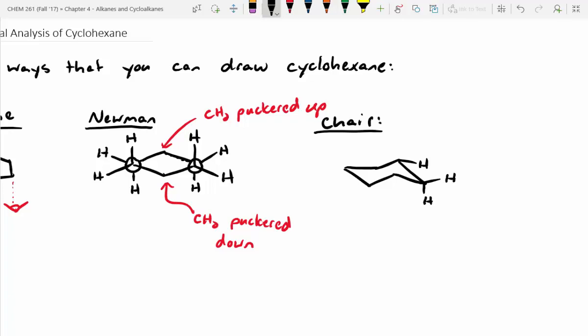Don't worry, we're going to practice drawing these. And then we've got a hydrogen in the back right there, and a hydrogen out like that. So this is kind of our side-on angle view of what's going on here.